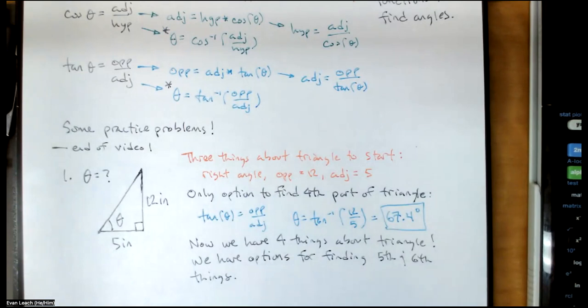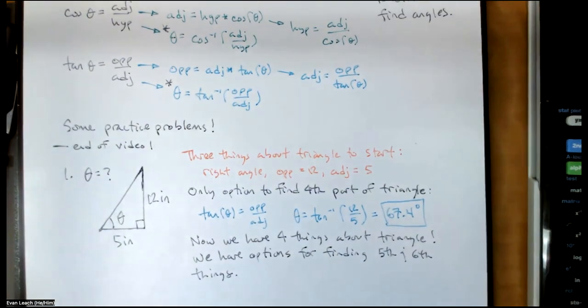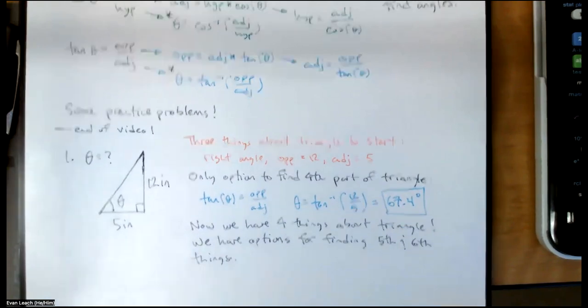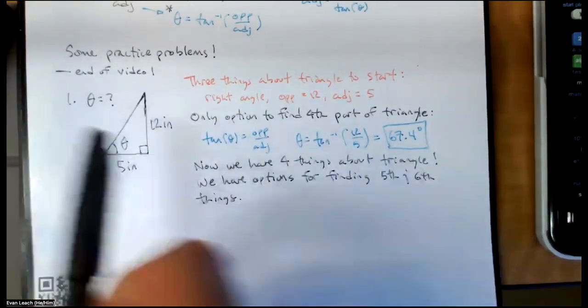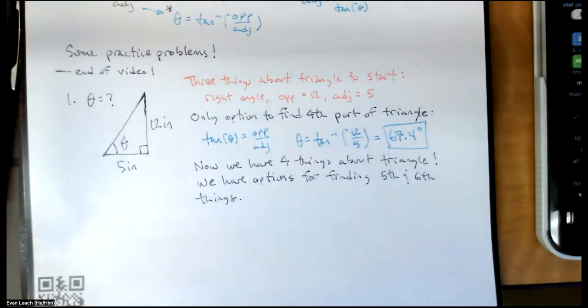Now that we have four things about the triangle, we have options for finding the fifth and sixth things. Most likely what we did at this point, since we have the 5 and the 12, is to use the Pythagorean theorem to find the hypotenuse.